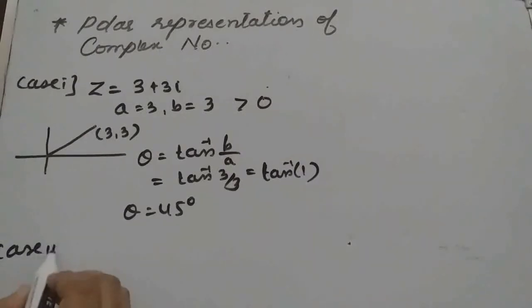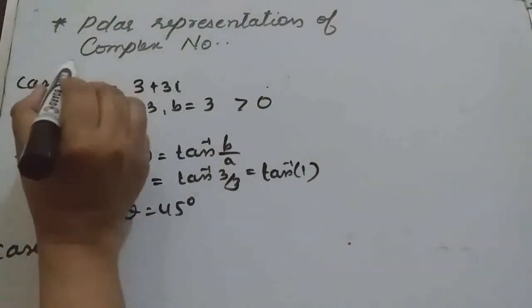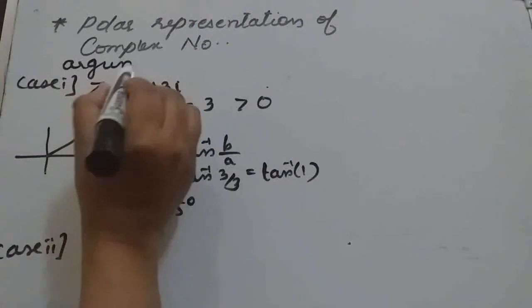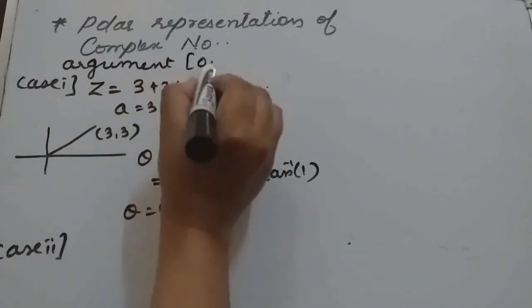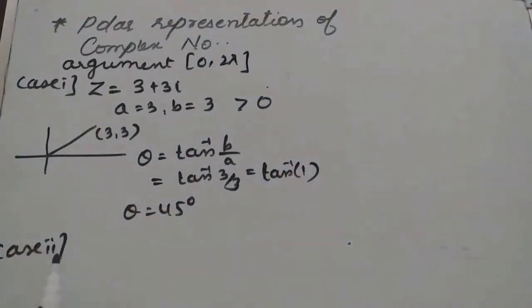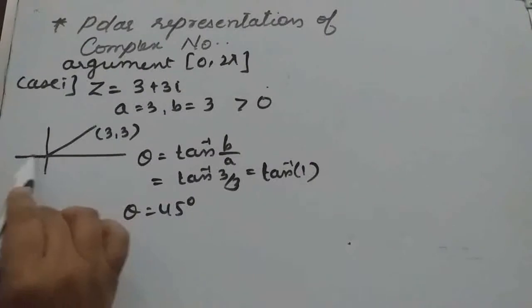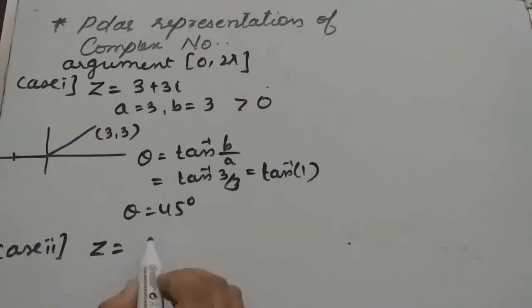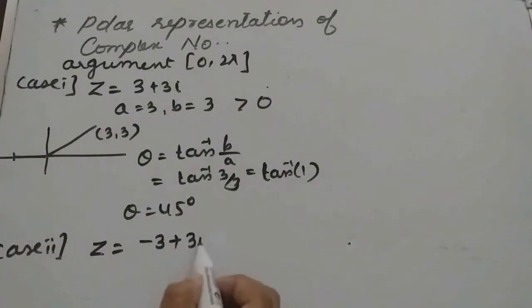Case 2. Now we are finding the argument in 0 to 2 pi. So case 2 will be what? Suppose z has a negative x coordinate, minus 3 plus 3i.